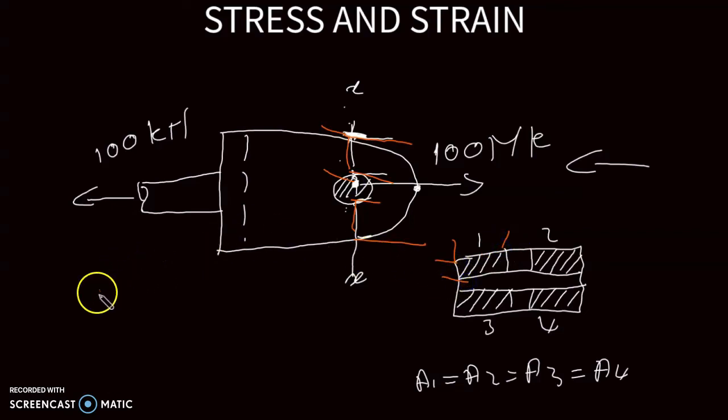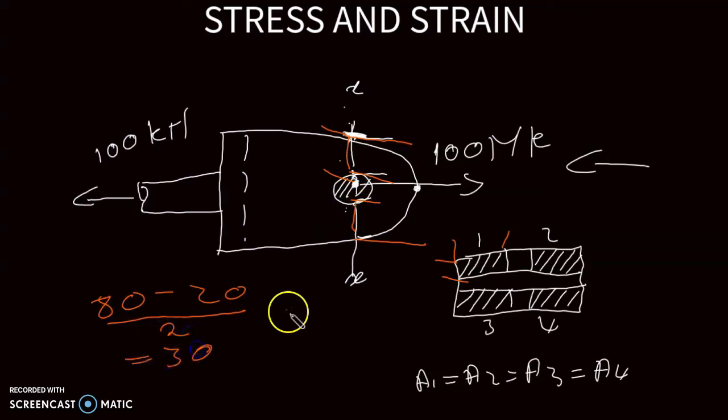So how am I going to do that? I'm going to say 80, which is the distance from here to here, minus 20, which is the diameter of the hole, divided by 2, which will give me 30. 30 is my distance from here to here, and then here it's what? 15.